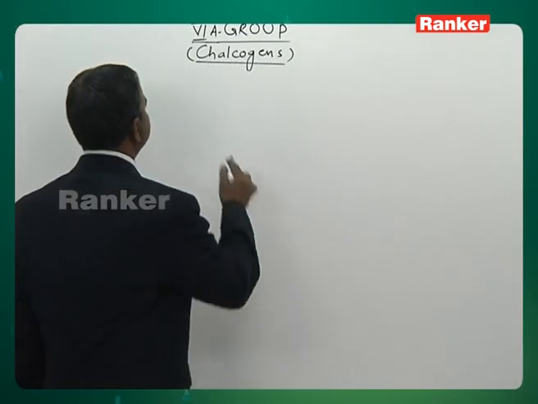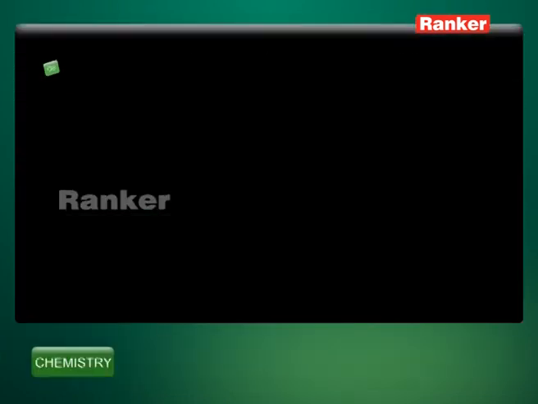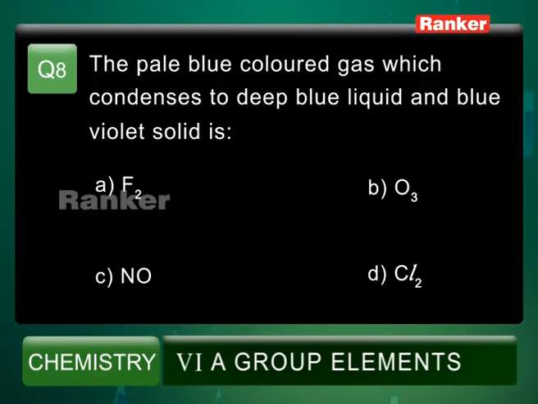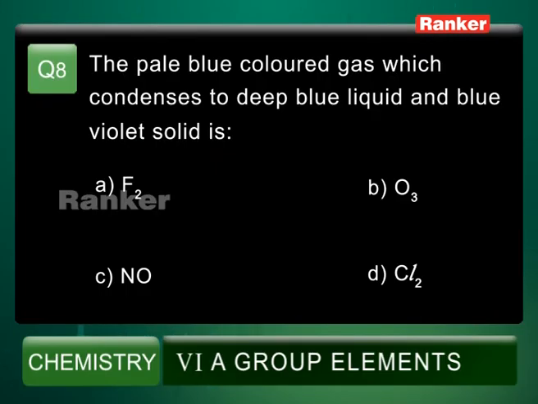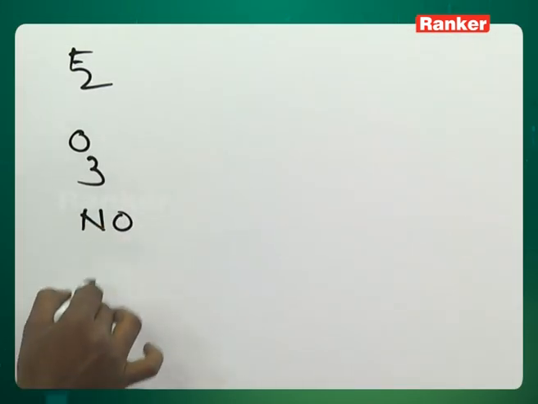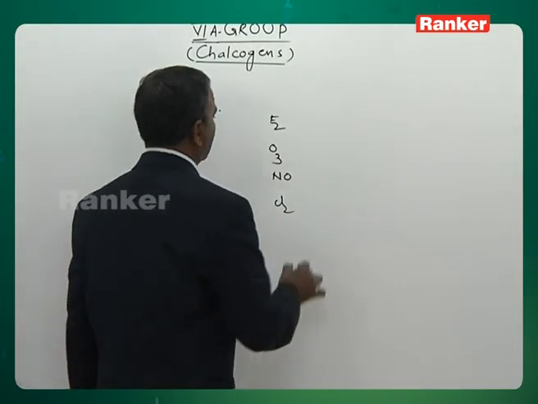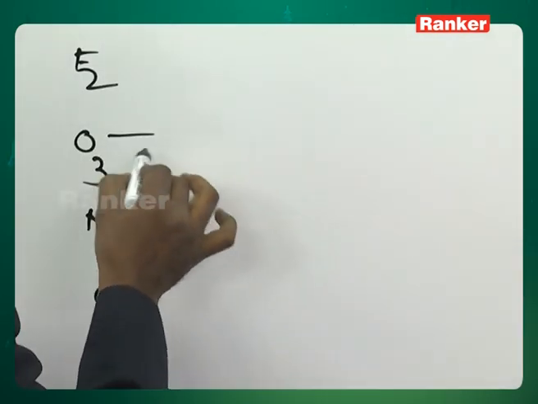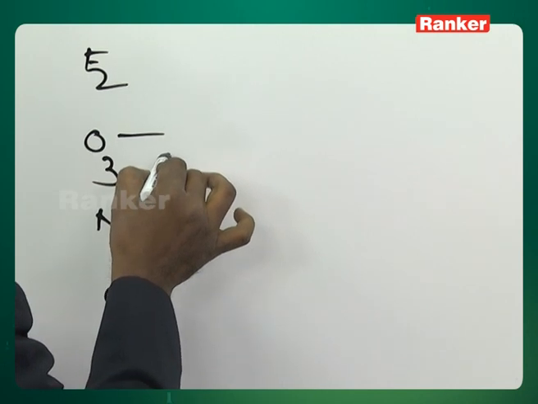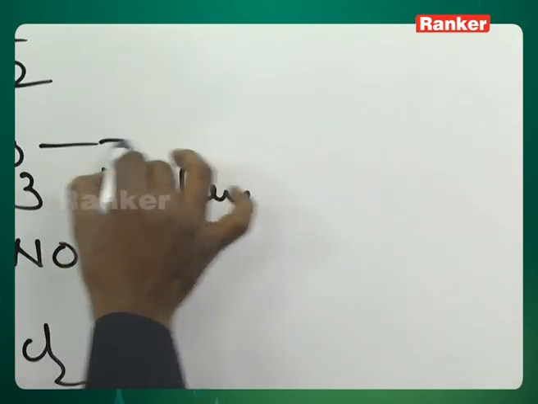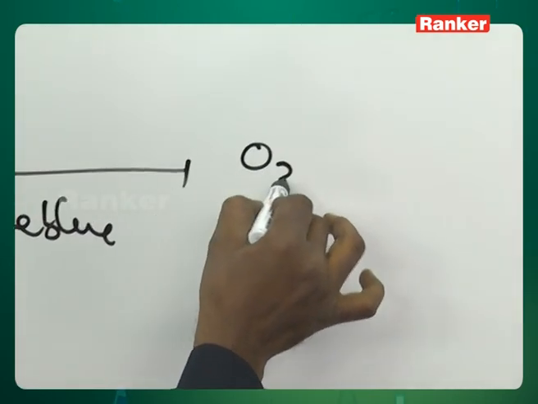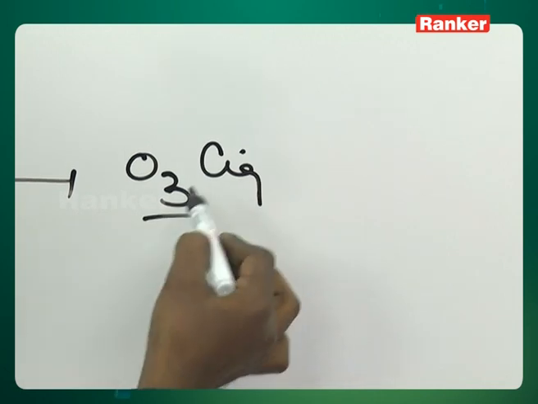Question number 8. The pale blue colored gas which condenses to deep blue liquid and blue violet solid is. Option A is F2. Option B O3. Option C NO. Option D Cl2. So this particular O3 is pale blue in color. When you condense it to liquid, consider O3 liquid, this is deep blue.